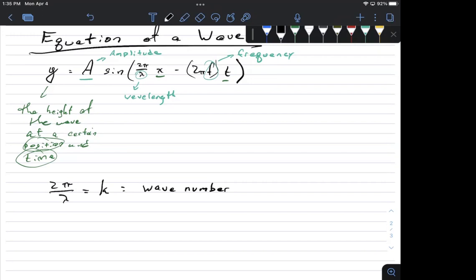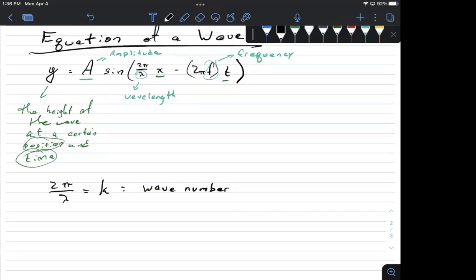The only reason to do this is simply so that when I write down these equations, I don't have to keep writing down the 2 pi business. It's just a shortcut. It's a way to make the equation look prettier. So you replace 2 pi over lambda with the letter k. But you still have to calculate 2 pi over lambda. You're not getting rid of it. You're just not writing it down.